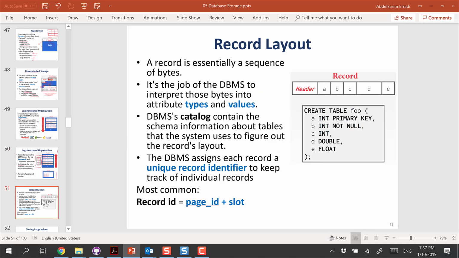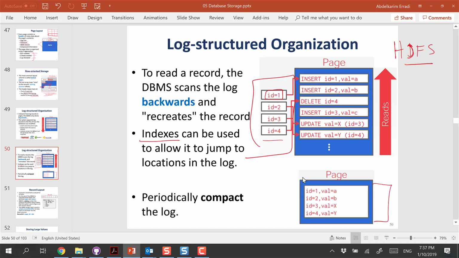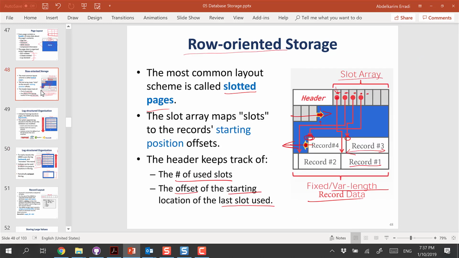Okay. Now, in terms of record layout, suppose I get a record. I know the record ID. I went to the slot array. What the slot array told me is: go to this offset, you will get your record. Now I have my record at hand. What is this record at the end of the day?